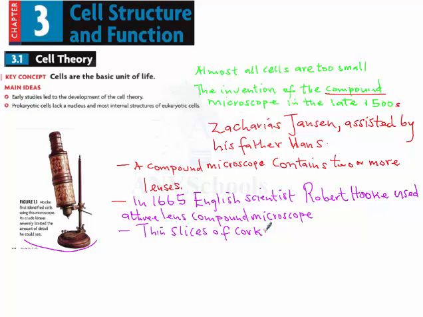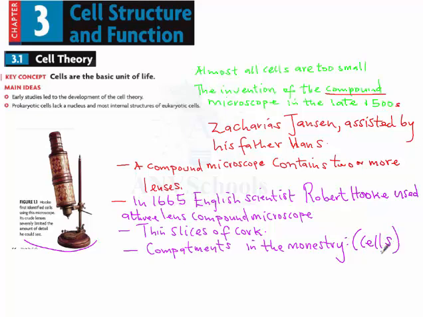The tiny compartments that Robert Hooke saw reminded him of the compartments in the monastery, which were called cells. So because they were called cells, Robert Hooke also called these small objects that he was seeing cells.